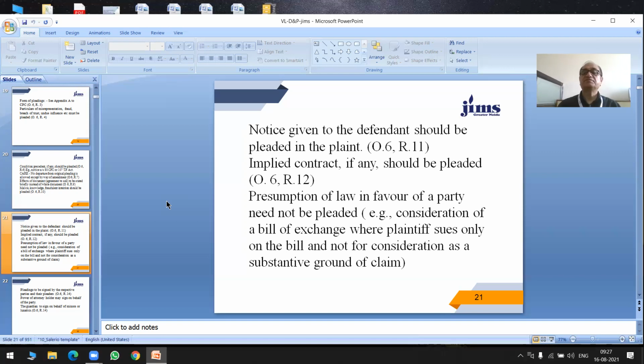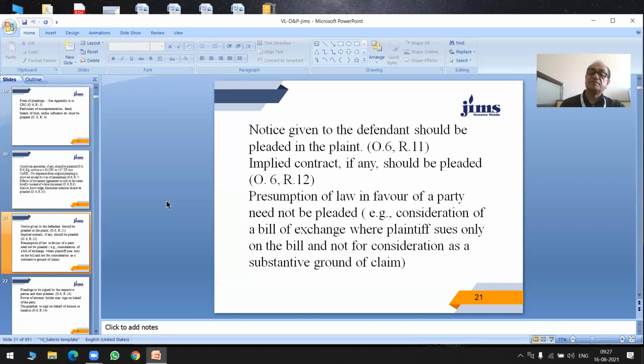And presumptions of law, as I told you, neither law is to be pleaded, nor the presumptions of law in favor of a party are to be pleaded. They need not be pleaded. Suppose you are filing a case of recovery of money based upon a cheque which was dishonored. So there is a presumption in favor of the party that the cheque was issued for a valid consideration.